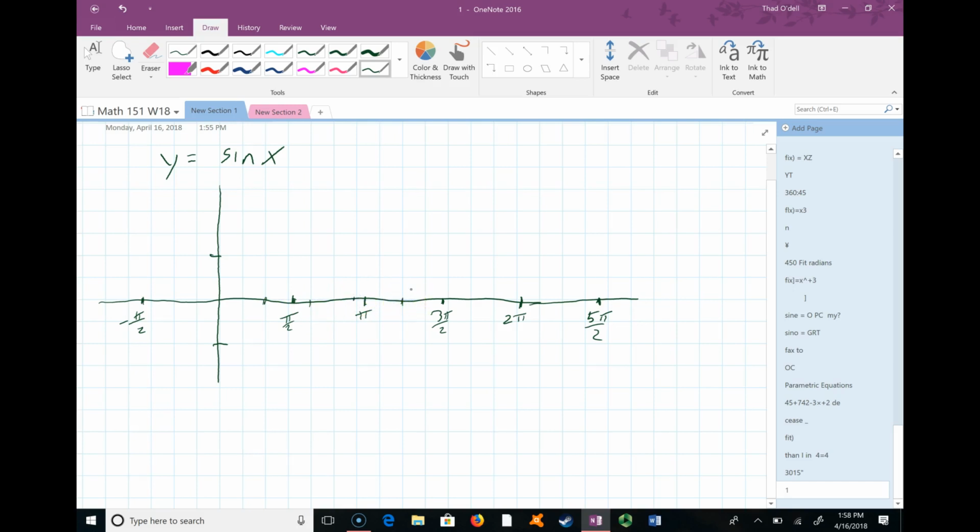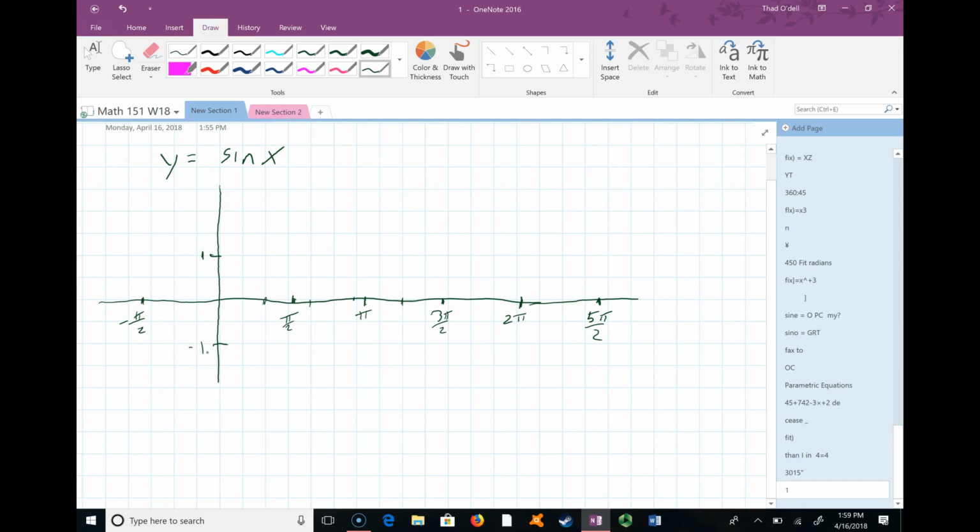The x and y axis are scaled the same way, and that's why we're using radian measures, so we can scale them the same way. So notice that I put pi over 2 at a little bit past 1.5, because pi over 2 is 3.14 divided by 2, which is about 1.6-ish. So notice there's 1, there's 1.5, there's a little bit more than 1.5. And of course this up here is just 1 and 2, and -1, I mean.